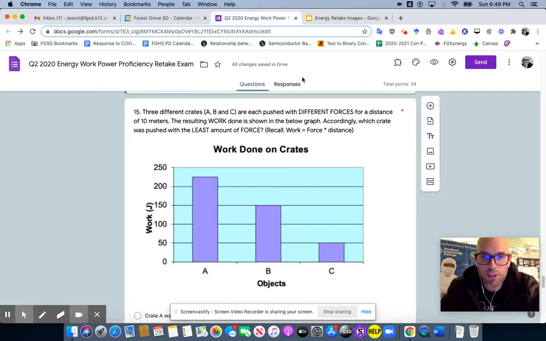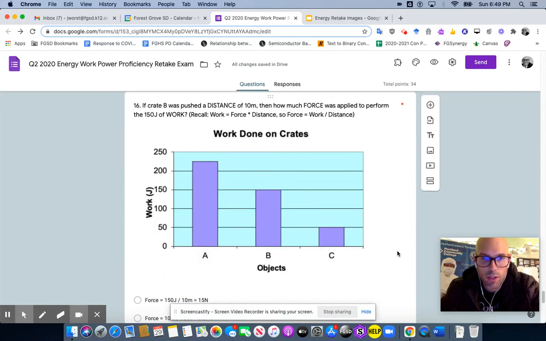Okay, next question. Question 16. If crate B was pushed a distance of 10 meters, just like before, then how much force was applied to perform the 150 joules of work? Recall, work equals force times distance, so force equals work divided by distance.